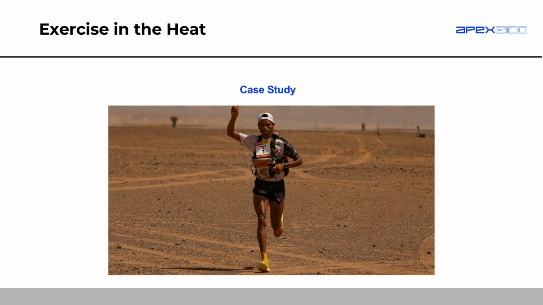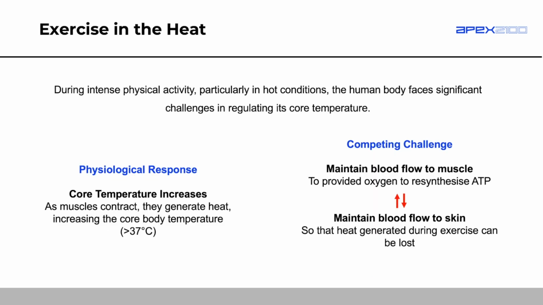Now let's have a look at exercise in the heat, a little bit of a case study here. So we've learned a little bit about homeostasis, and we know a bit about exercise in the heat and what responses that causes. When we are doing exercise in hot conditions, we have really big issues in regulating our core body temperature. So our core body temperature will rise, and that triggers a competing challenge.